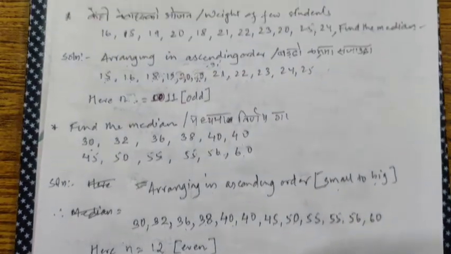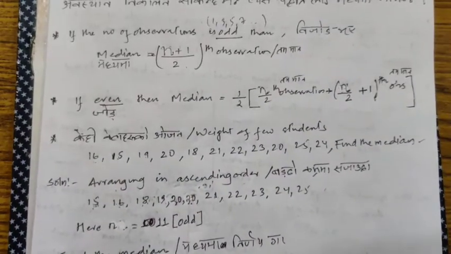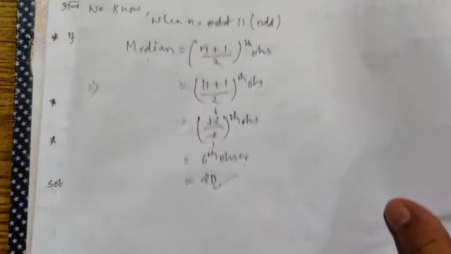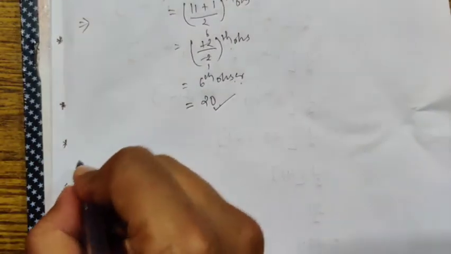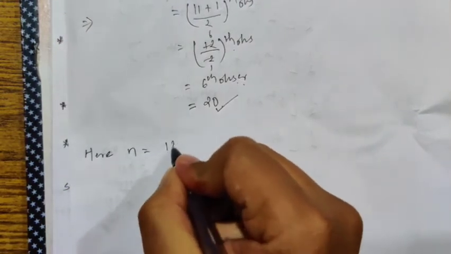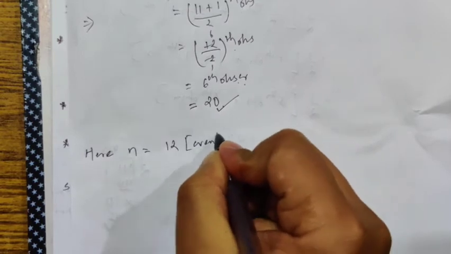So I've told you, if it's even, what's the formula? If even, then this is the formula. So let's try solving. Here n equals how much? 12, even. So what's the formula?